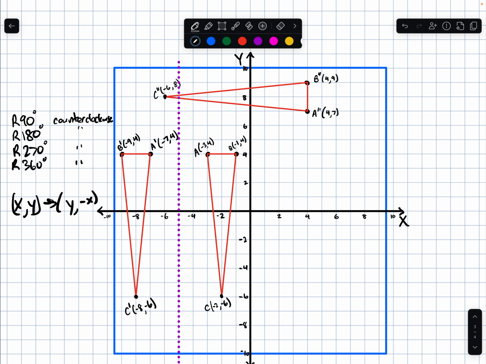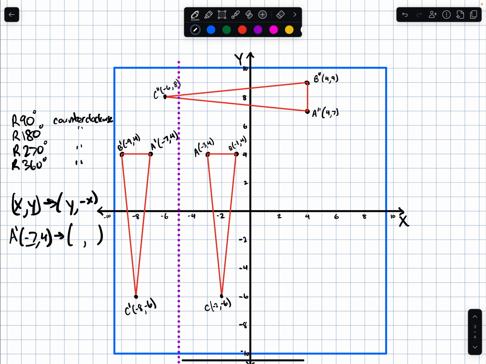y, negative x. Let me just double check. I think that's right. Yeah, y, negative x. So for point A prime, which is at negative 7, comma 4, I got that from right here. We're going to apply our rule. So if xy goes to y, negative x, negative 7 is our x, so the opposite of x, negative x, is actually going to be the opposite of negative 7, which is positive 7.